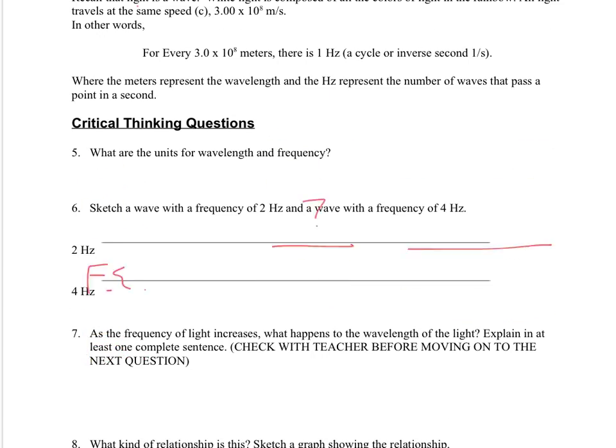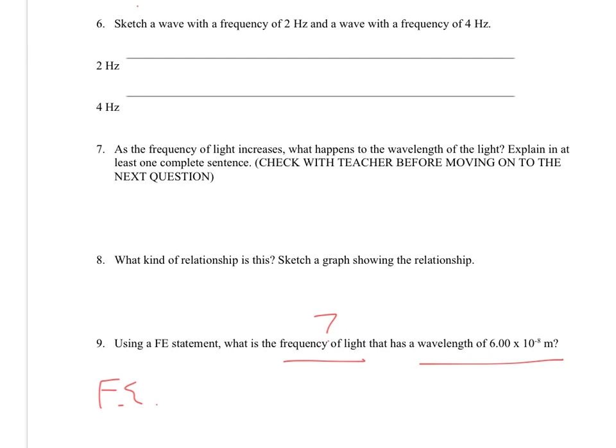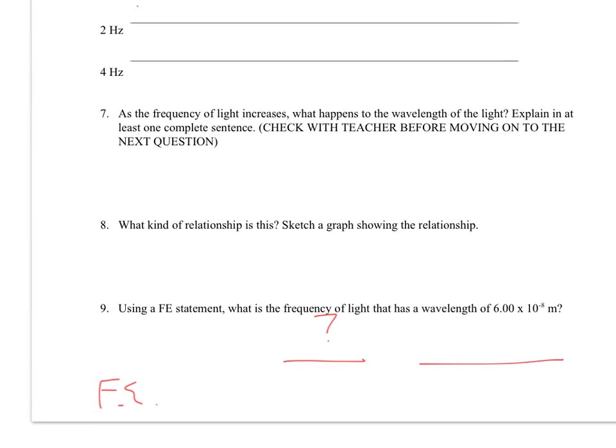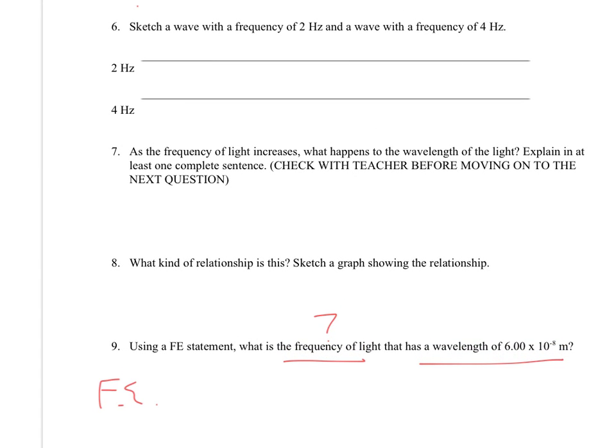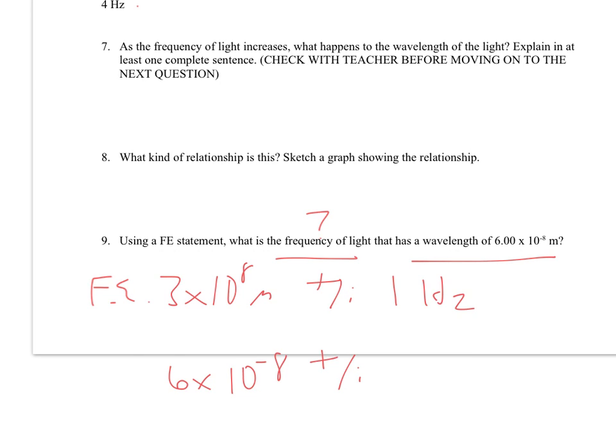Okay, so go back to this. For every 3 times 10 to the 8th meters, there is 1 hertz. And we should say that if the meters go down by 6 times 10 to the negative 8th, how many hertz are there, remembering that this is an inverse relationship?